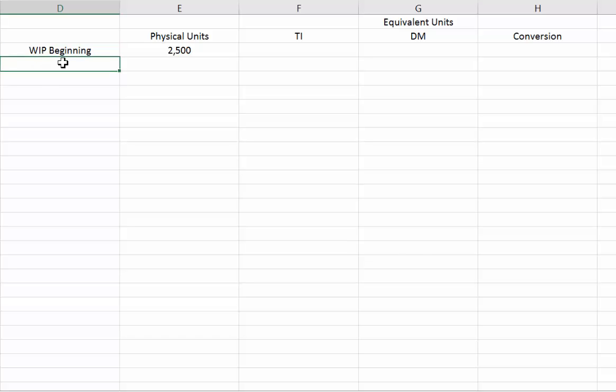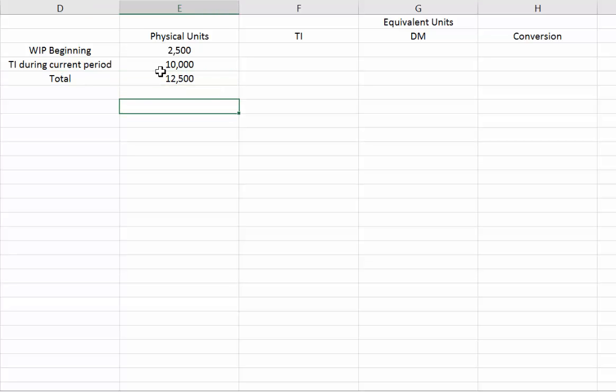Then you are going to transfer in 10,000. So in total we know that is 12,500. So up to this step you don't see any difference. So next we are going to split them.